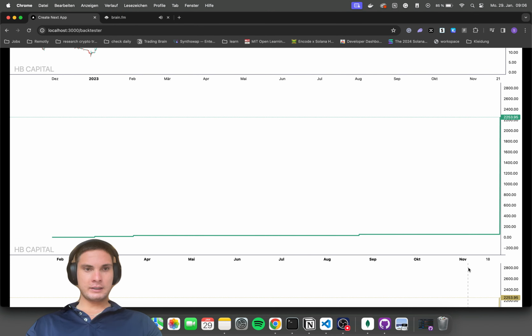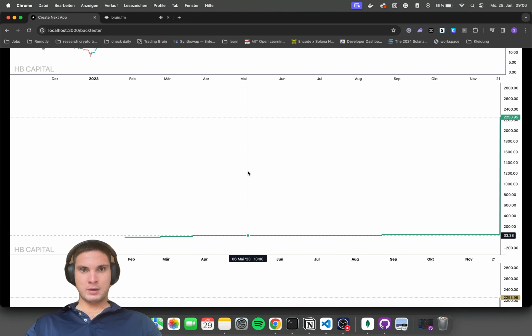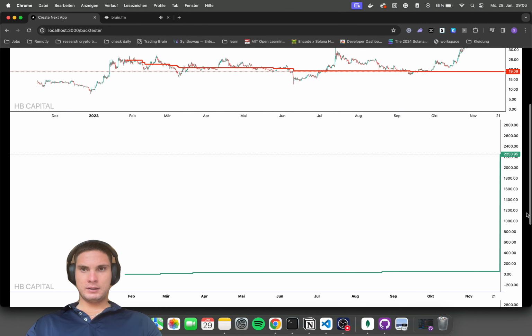So let's actually scale this to the same thing. Okay. And we see here, we scaled down because we had a high and then fell again, so we reduced the position size to have more capital to buy low again. The same thing happened here again, we were high and fell down again.